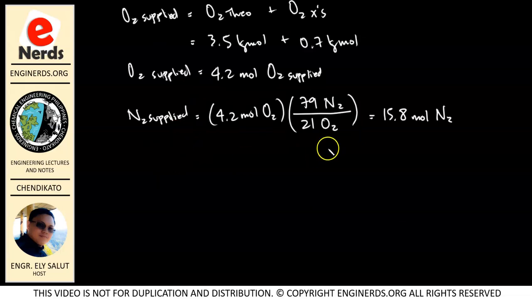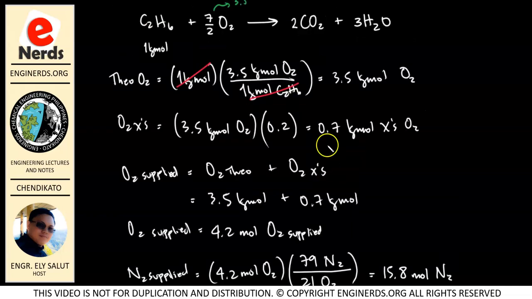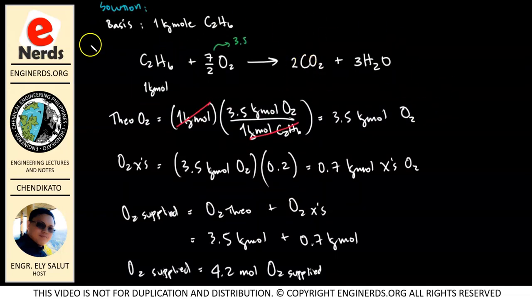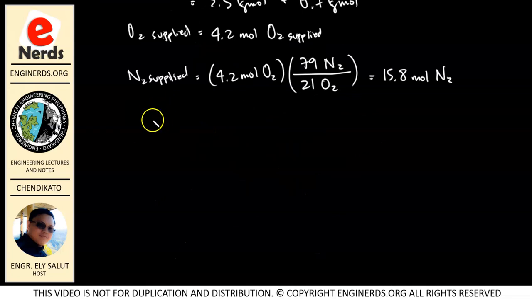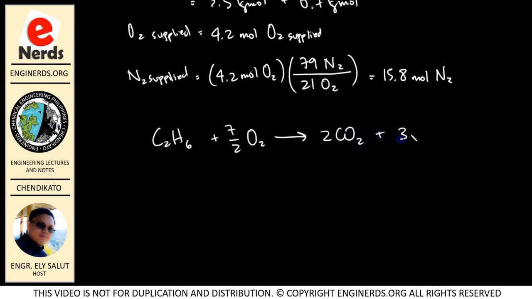Okay, so as you can see, we got mostly everything that was supplied, no? But we need to get the number of moles of our product in order to get our Orsat analysis. So let me write again our reaction dito sa baba para mas madali nating ma-calculate. So we have C2H6 plus 7/2 O2 producing 2 CO2 plus 3 H2O, right?